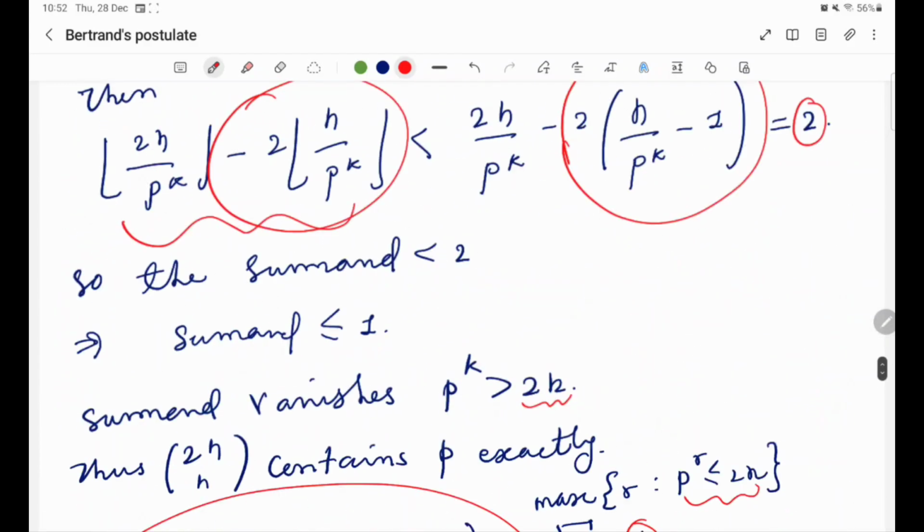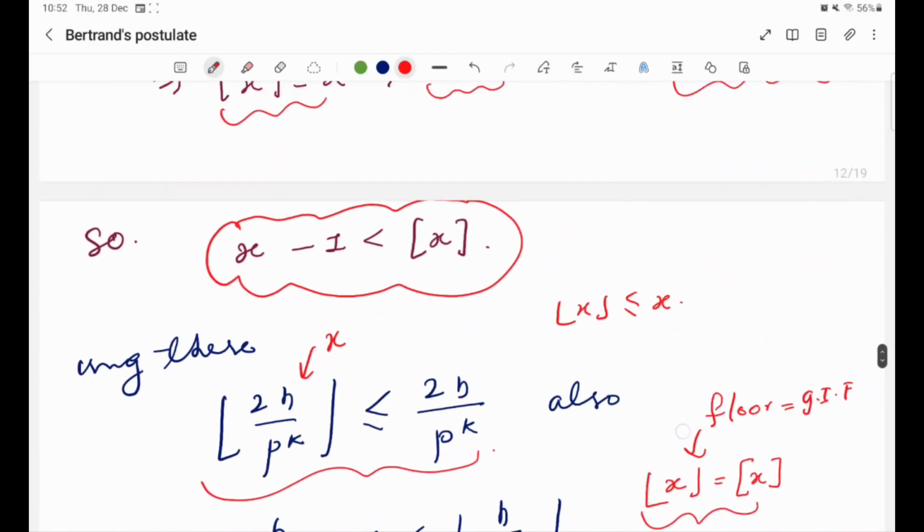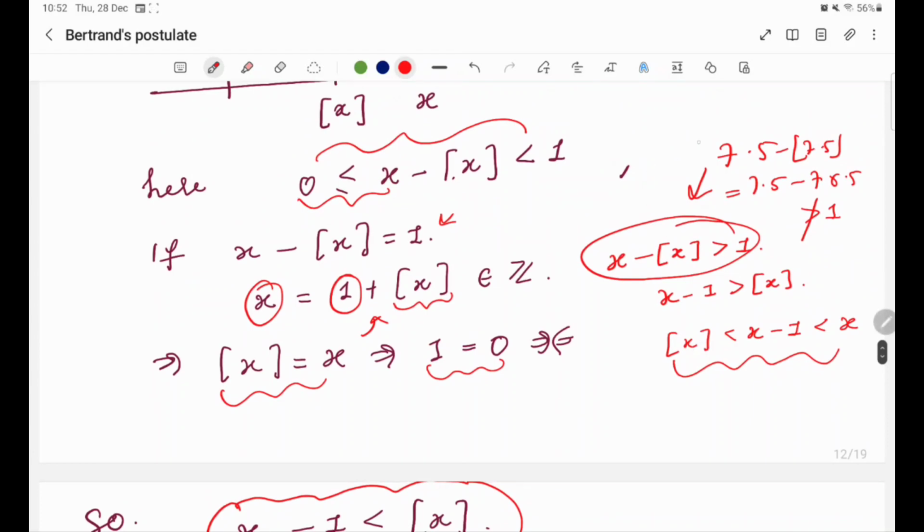Okay. So you think of an argument for why x minus floor of x cannot be greater than 1. While I was doing this, I hadn't thought about it, right? So you can rule out this case by some kind of contradiction.